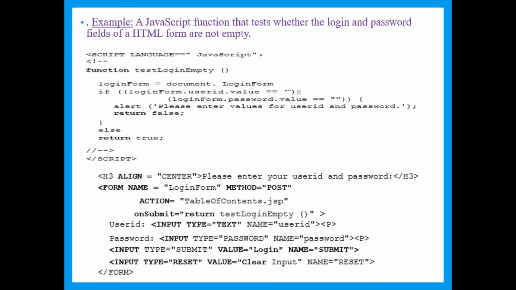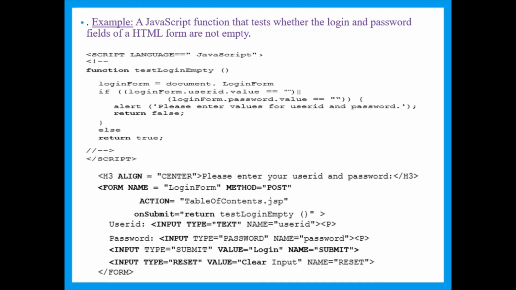If it is null, login.userid.value will get a null value. If it is equal to null, or loginform.password, the name of the text field called password, its value is taken and again checked whether it is null or not.